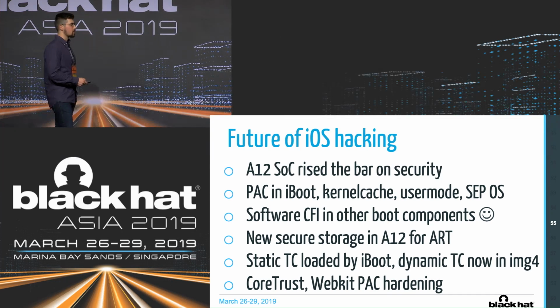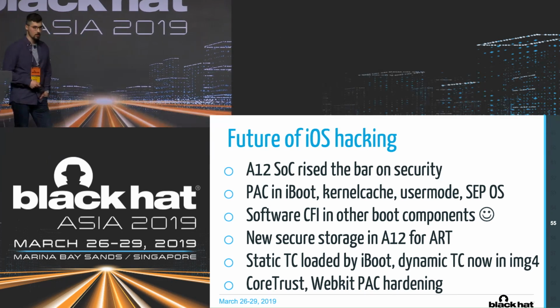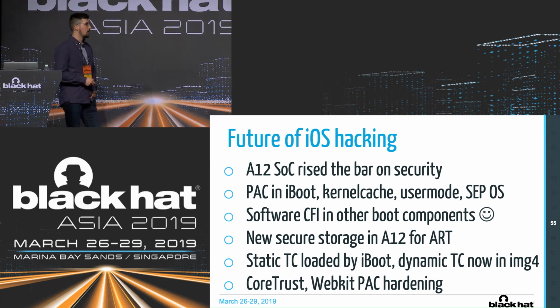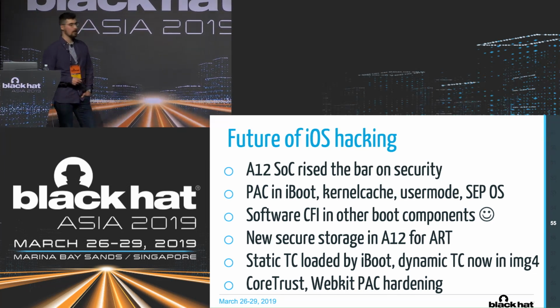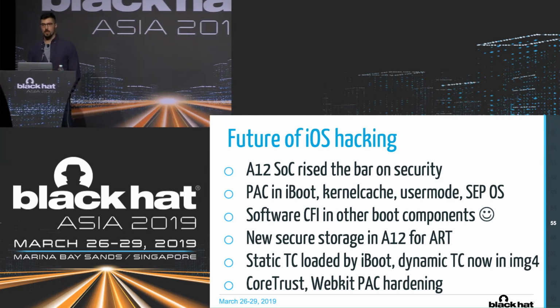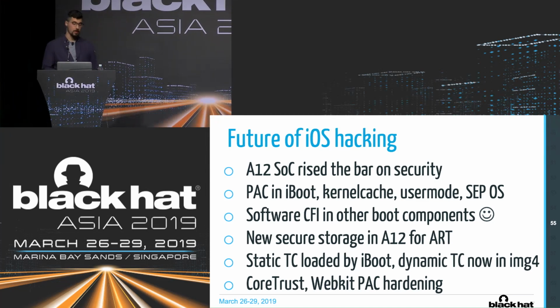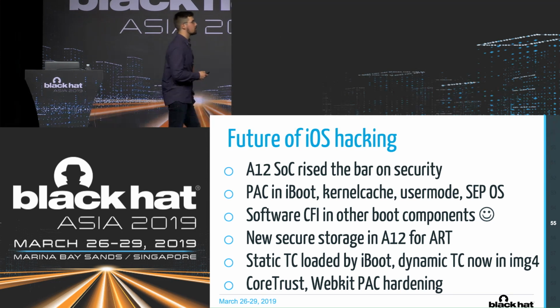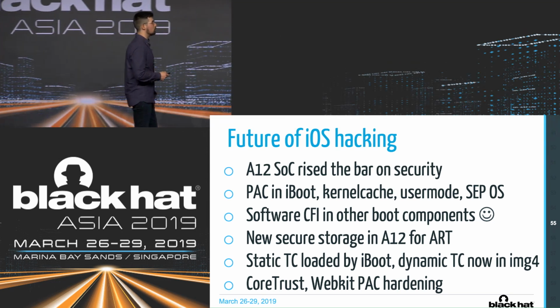The dynamic trust cache moved to the IMG4 container, so they dropped IMG3 container types completely. They made some refactoring on how the kernel performs the code signature check by introducing CoreTrust. And finally, even in WebKit there is some hardening, including usage of pointer authentication codes. So yeah, A12 jailbreaking may be a tricky one now.